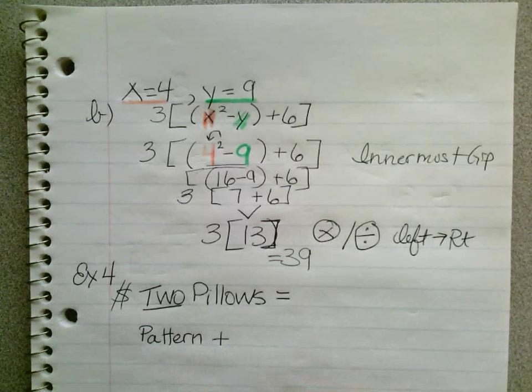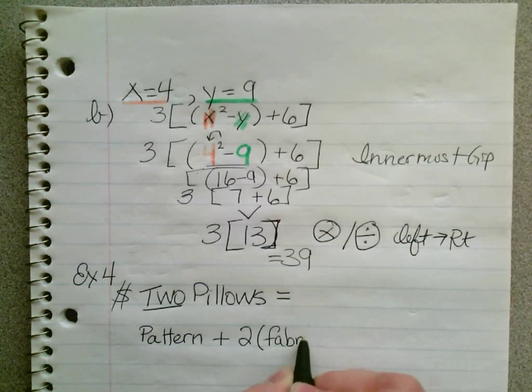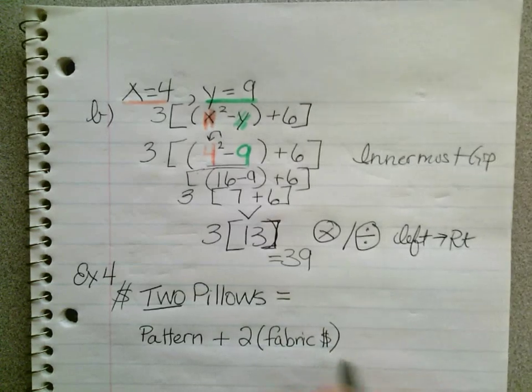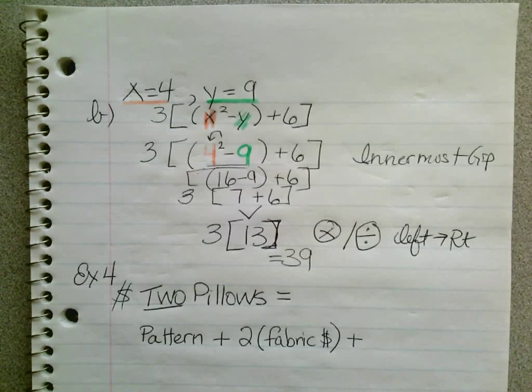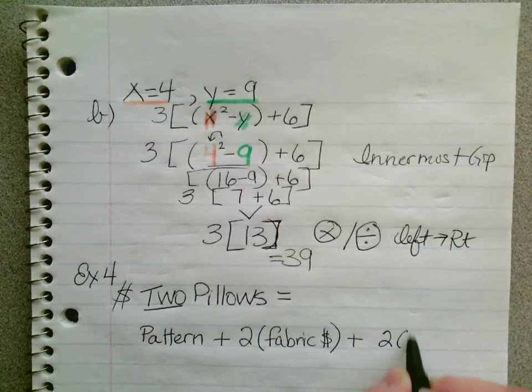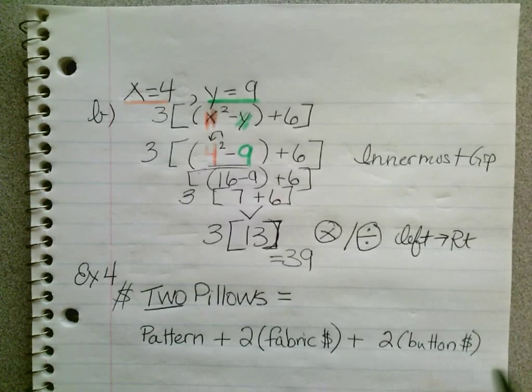So how many pillows am I making? 2. According to the story she just read, each pillow requires a certain amount of fabric. So we need 2 fabric charges, and we need 2 buttons, right? Whatever those costed. 2 button costs.